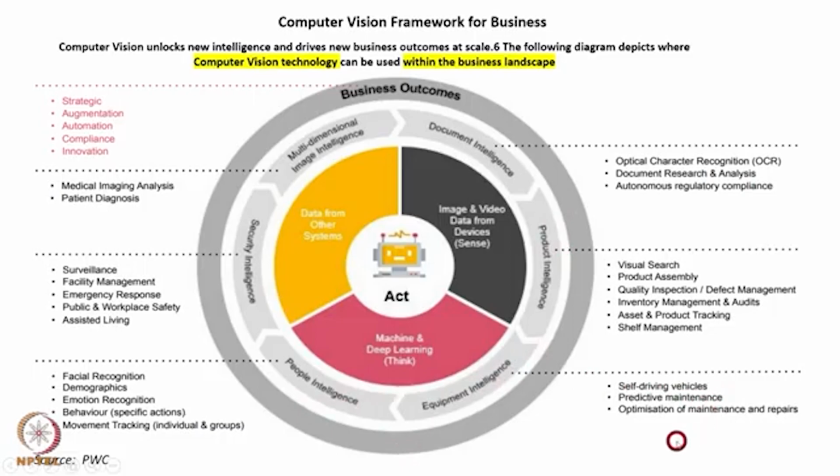You can see that in the case of equipment intelligence, there are self-driving vehicles, so the use of visual AI and computer vision is multifaceted. I will invite you to go through this slide step by step, and you yourself will figure out the use of these technologies in all these kinds of industries and use cases.